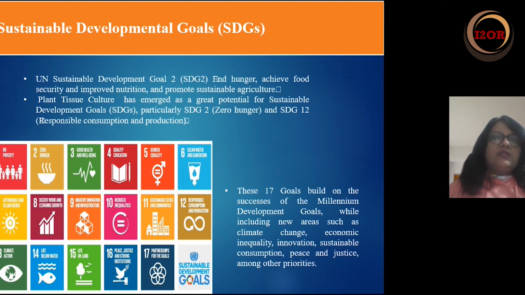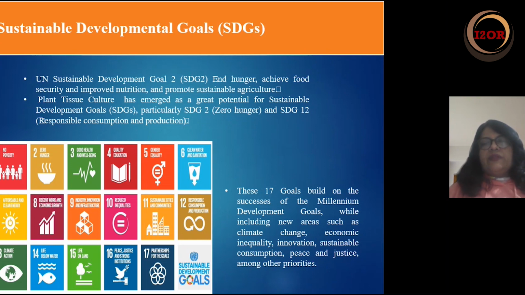So, UN Sustainable Development Goals, basically two important goals can be mitigated and obtained by utilizing the technology which we have adapted in our lab, specifically SDG 2 and SDG 12, which is not only to go for zero hunger, and secondly responsible consumption and production can also be taken care of.